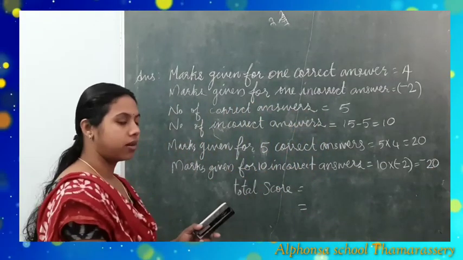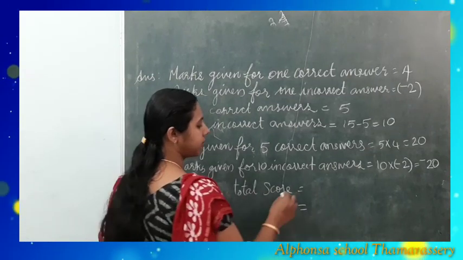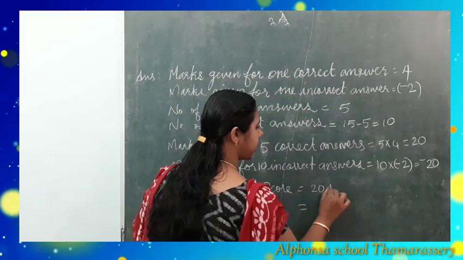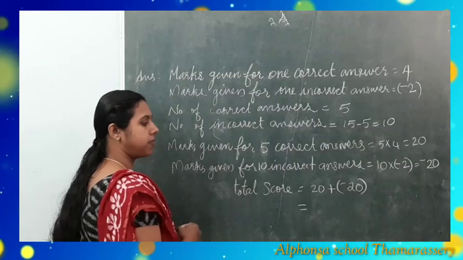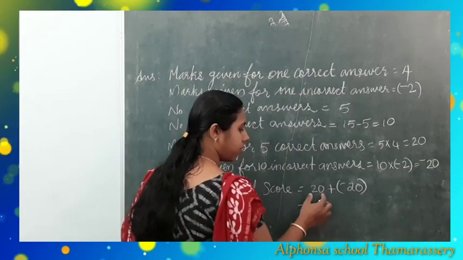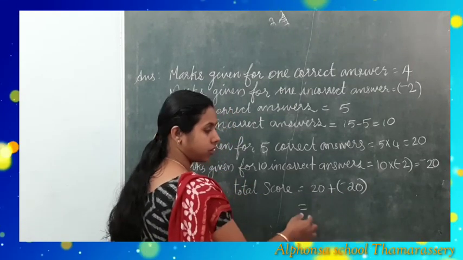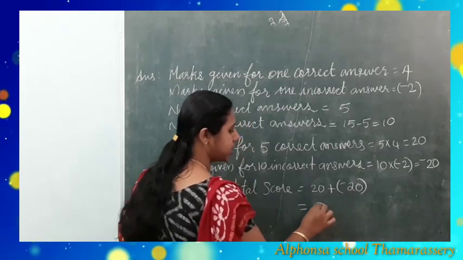Geetu's friend's total score is the sum of these two marks, that is 20 plus minus 20. One is negative and one is positive, additive inverses we are adding. So 20 plus minus 20 is equal to 0.